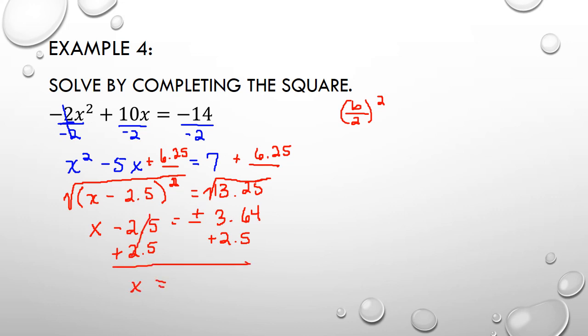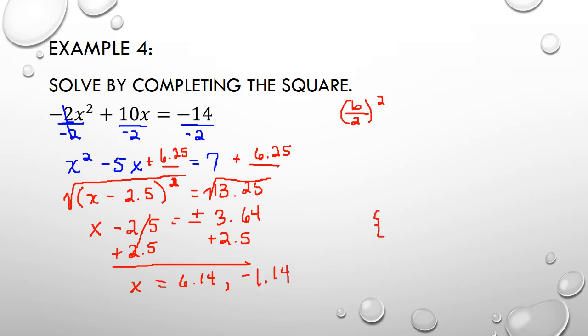You get x equals, now notice here we've got two problems. Do the positive, 3.64 plus 2.5, and that gives us 6.14. And now let's do the negative, negative 3.64 plus 2.5, and that gives us negative 1.14.